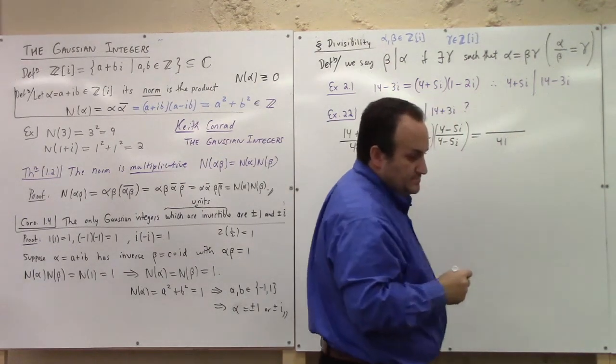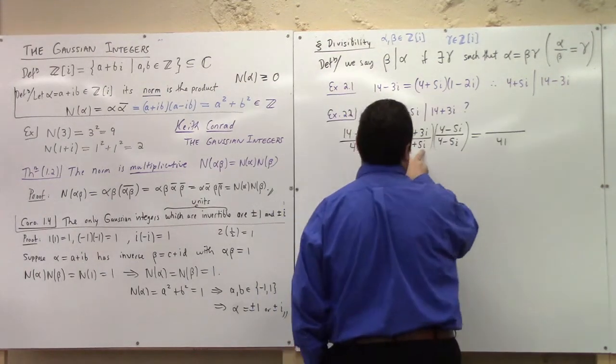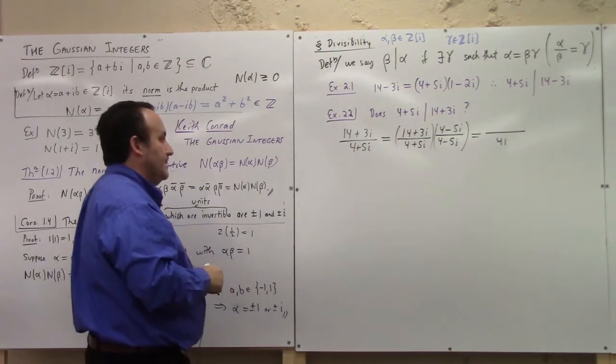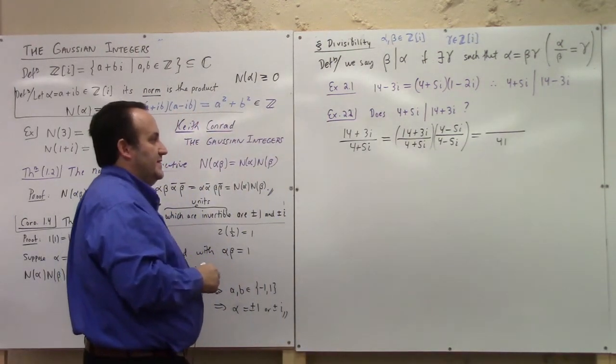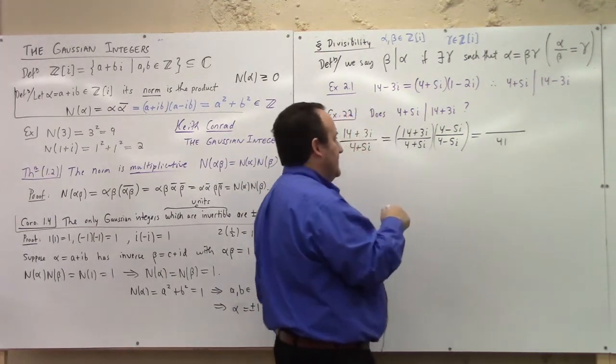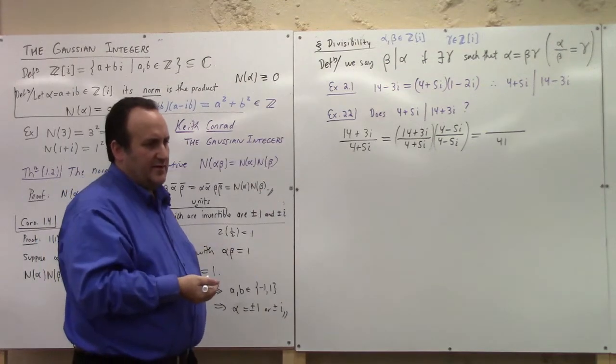You just take the norm, because it's the number times its conjugate, so it's its norm. Yes, you can just use the a squared plus b squared trick. Whenever you do this complex number calculation, it's always like that.